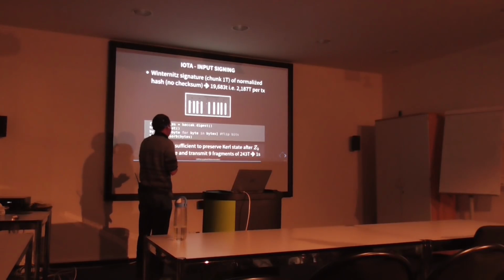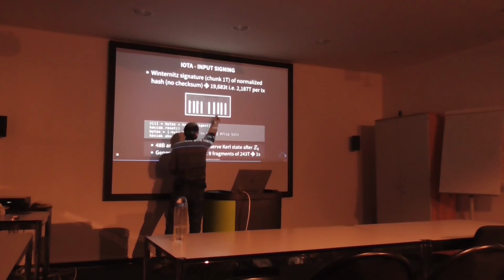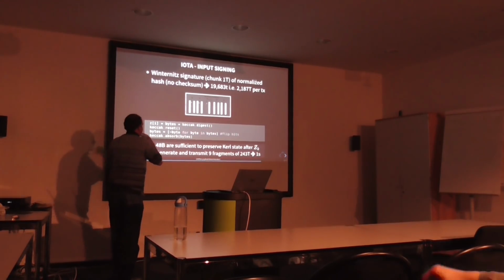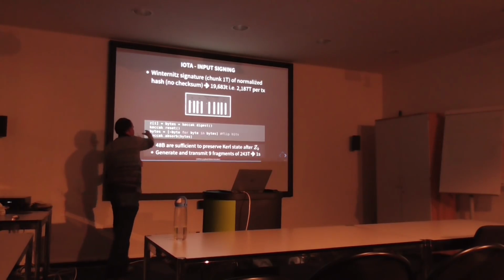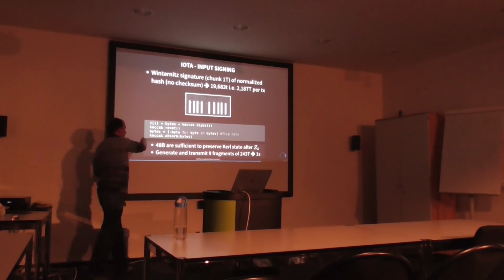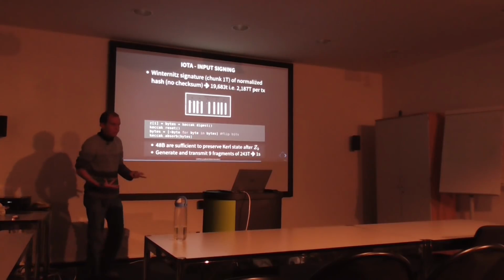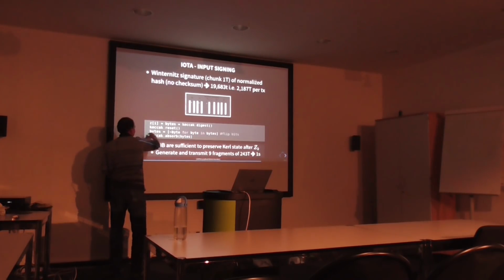And the best thing is, for IOTA, or for Curl, to be precise, this F here is really trivial, because what it basically does is take the result of the last digest, the last one we put out here, completely reset the hashing, and then just flip every byte and absorb it.